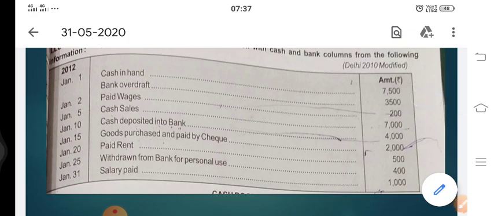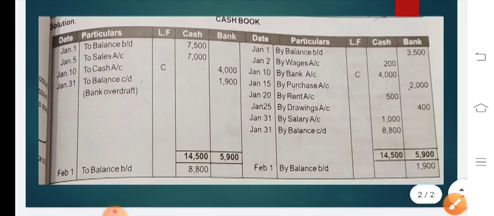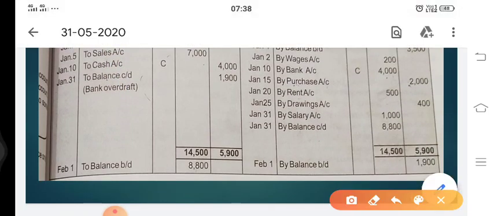The next point we have is goods purchased and paid by check. Now here what happened is that we purchased goods and the amount was paid through check. That means payment is made by bank. So obviously it's a payment, cash is going out, but from bank. So what we are supposed to do here is go to the credit side and write by purchases account.